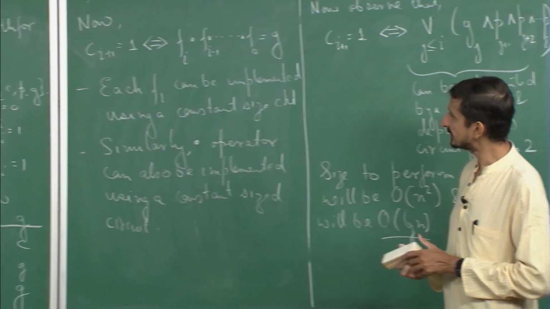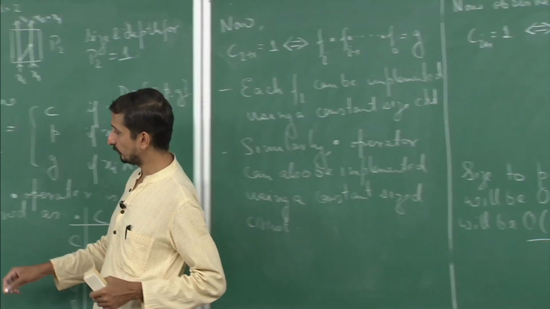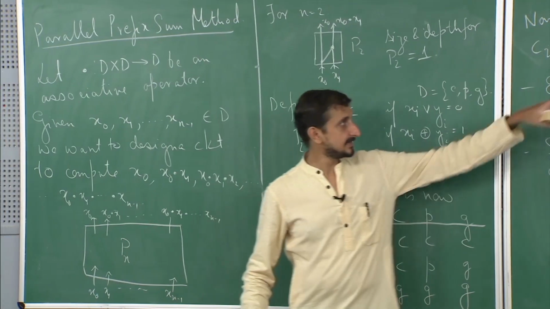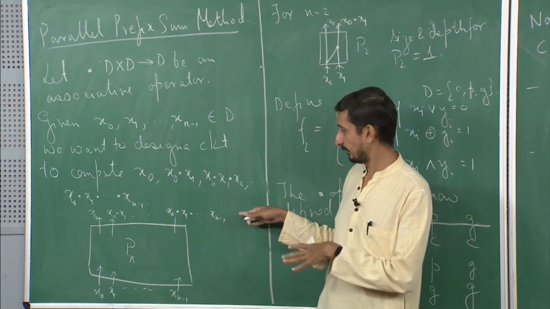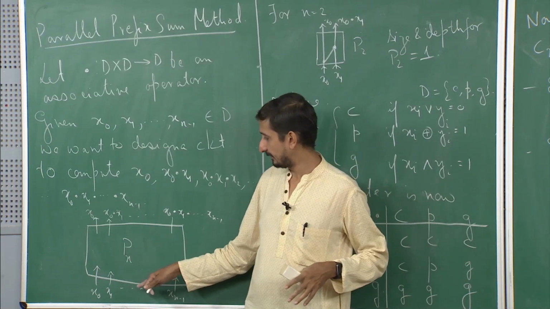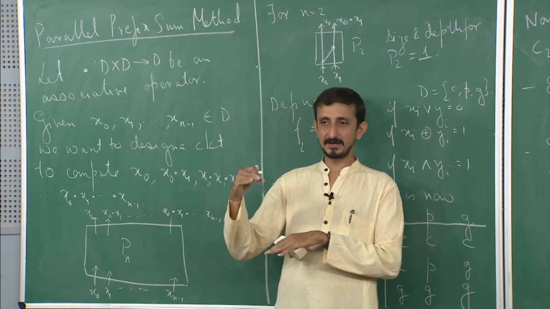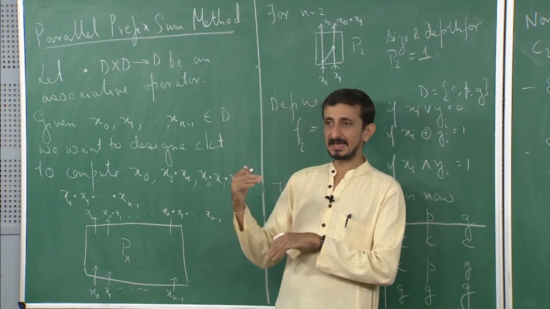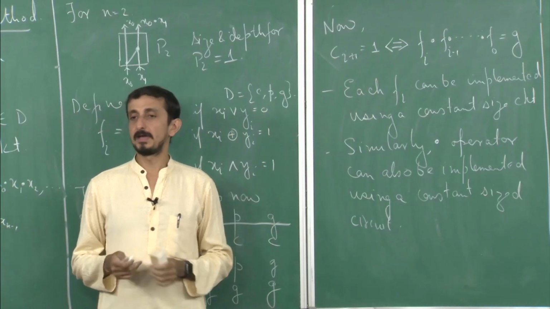So what we will do is use this fact. Note that these fi's are basically my xi's over here. What I will show is the construction of this circuit Pn, which will be a log depth and linear sized circuit that computes my fi's.